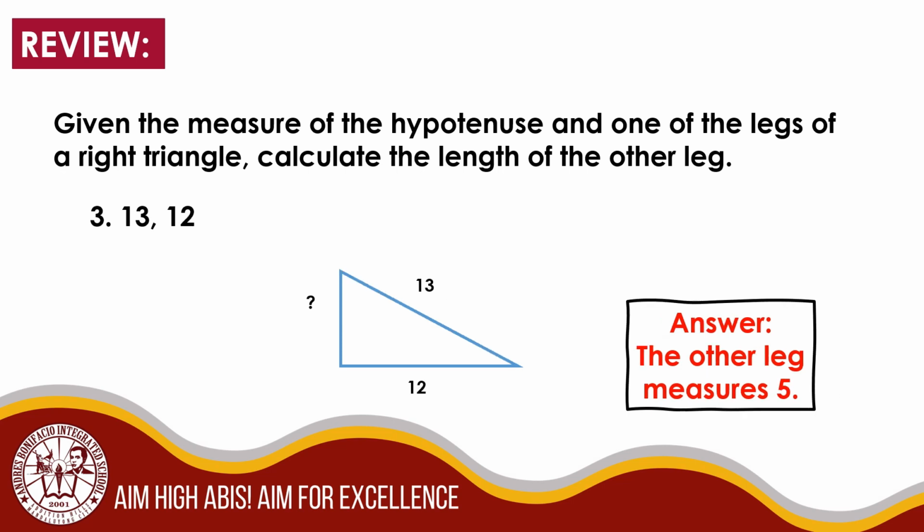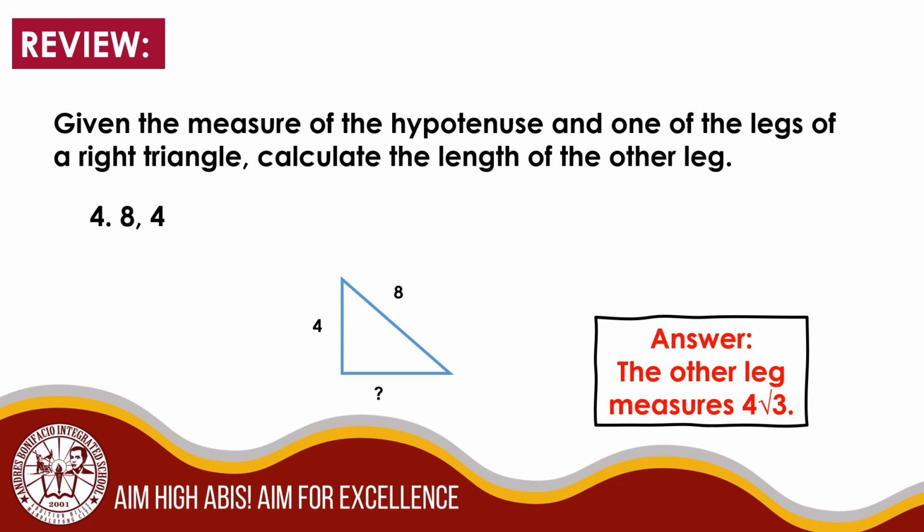Okay, number 3 figure. The measure of the hypotenuse is 13 and one of the legs measures 12. The result, the measure of the other leg is 5. Number 4 figure. The right triangle has a hypotenuse of 8, and one of the legs measures 4.